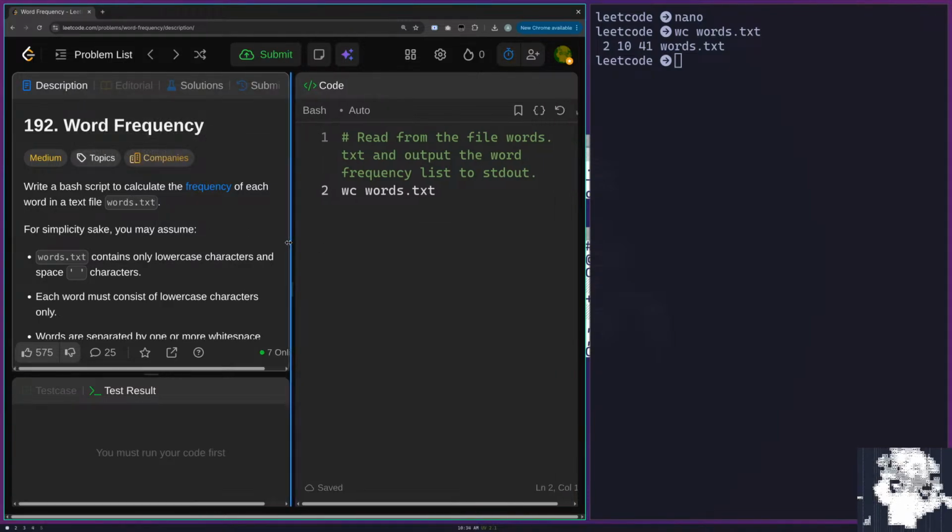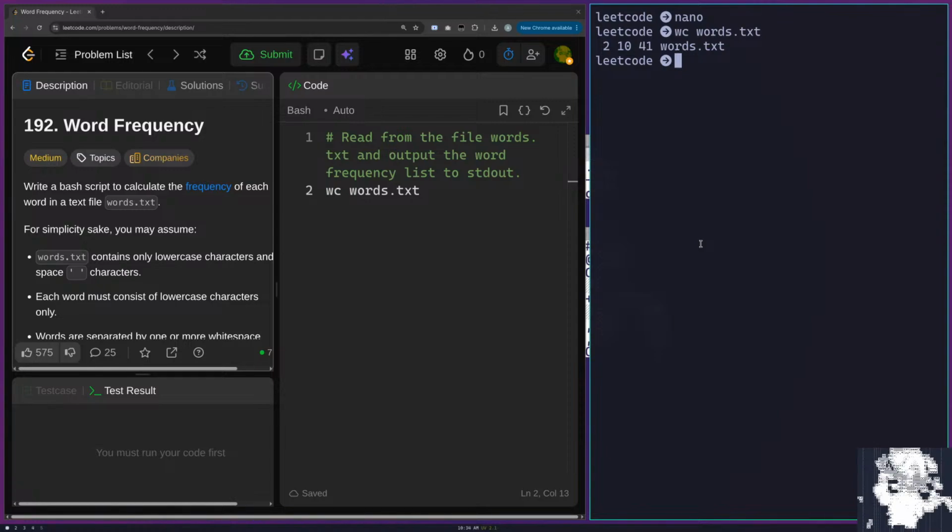Yeah, I'm trying to think of how I could do this without looking anything up, because if I look this up, the problem becomes trivial. But I just don't know what utilities to call.